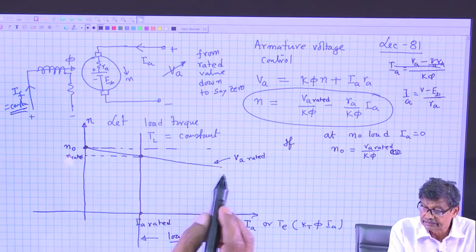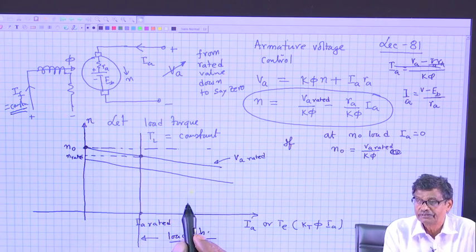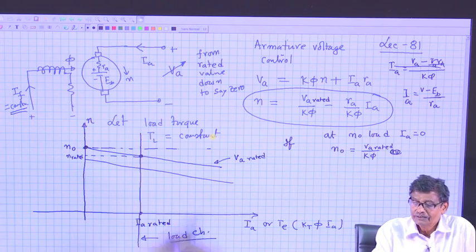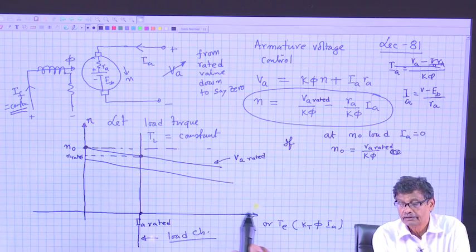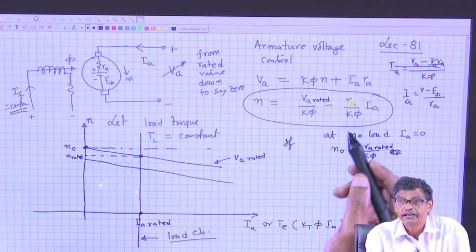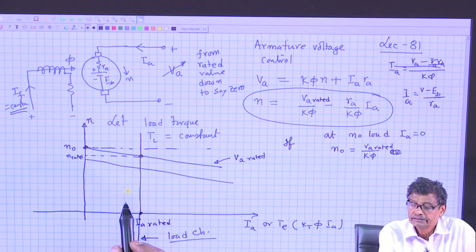Therefore, these characteristics will shift parallel to this, and the slope of this variation will remain almost the same, R A by k phi. k phi is constant, R A is constant. It will be like this.